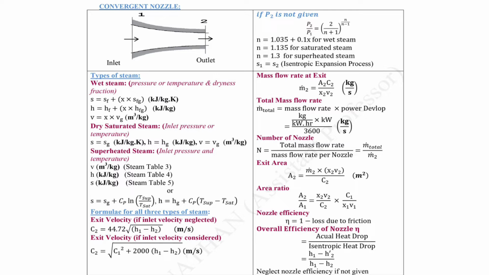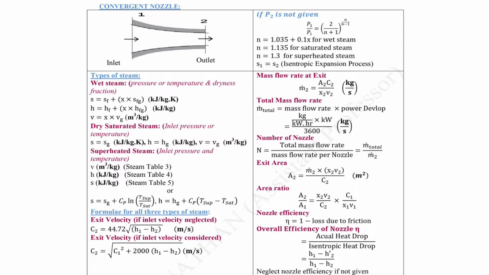The dry set, first one, wet steam. Here pressure or temperature and dryness fraction will be provided with the steam quality like x. The dry saturated steam, inlet pressure or temperature. Let's say S is equal to Sg, kilojoule by kilogram Kelvin. H is equal to Hg, kilojoule by kilogram.